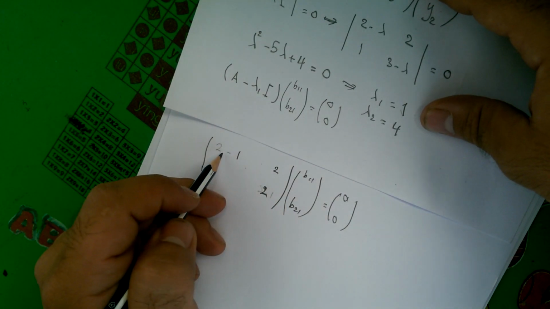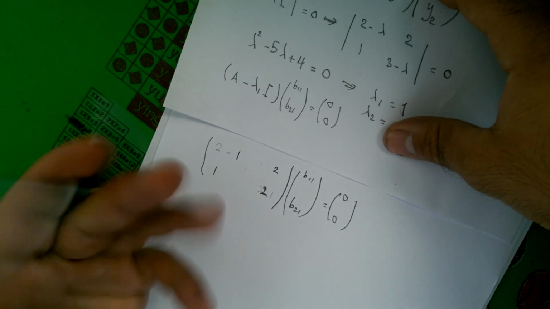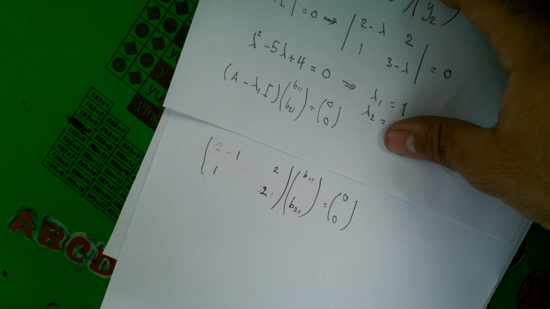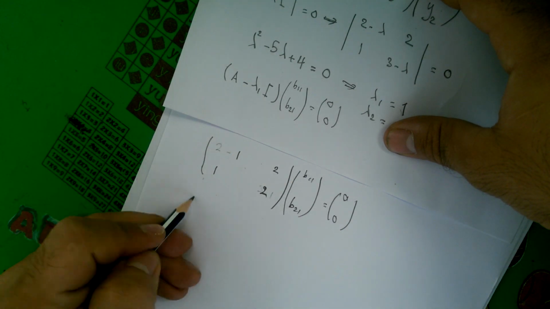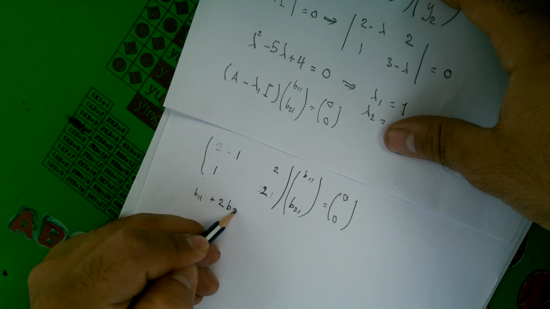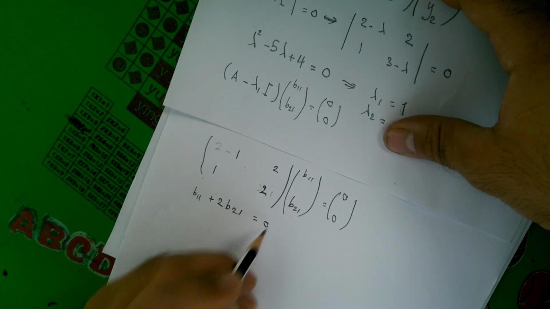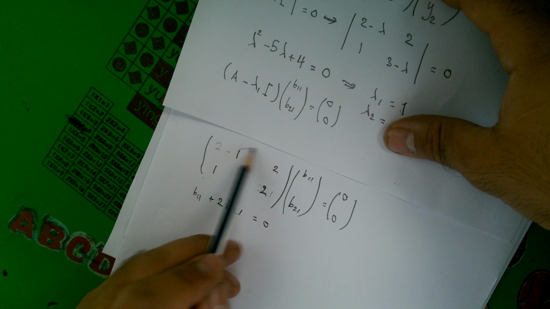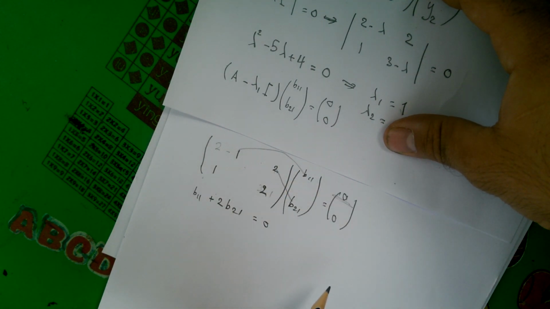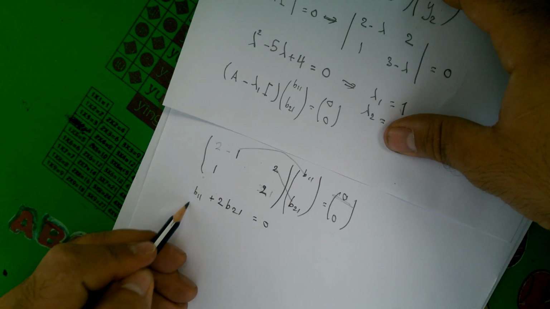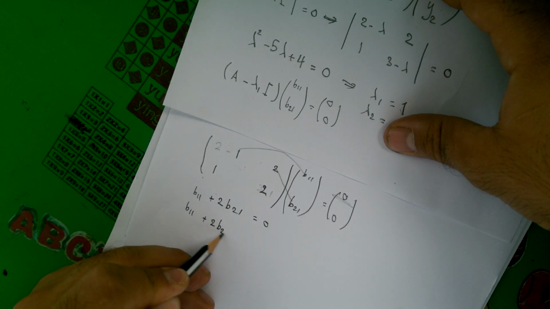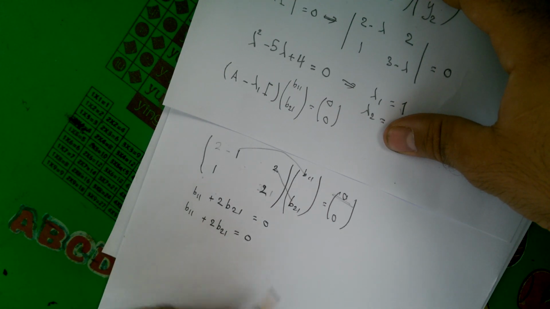Now we create a system by multiplying the matrix and the vector. We have b11 plus 2 b21 equal to 0, and again b11 plus 2 b21 equal to 0.